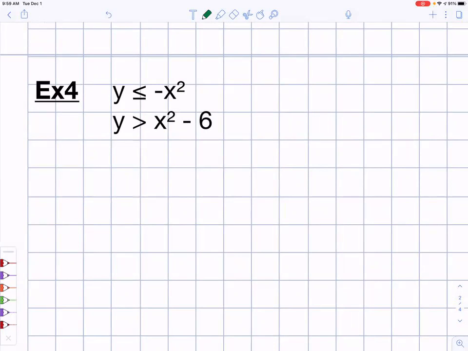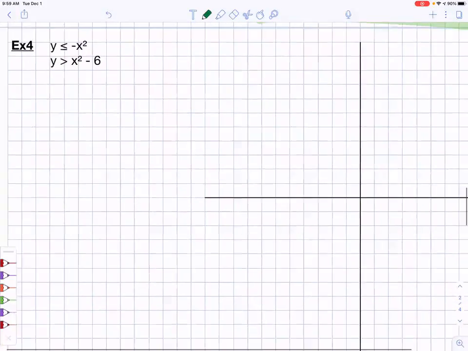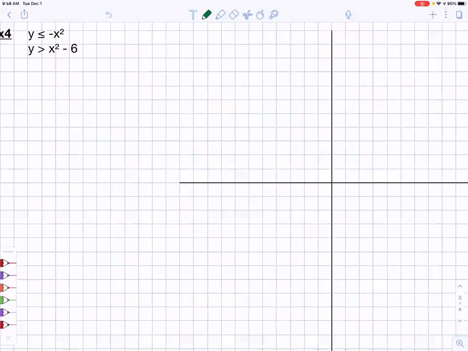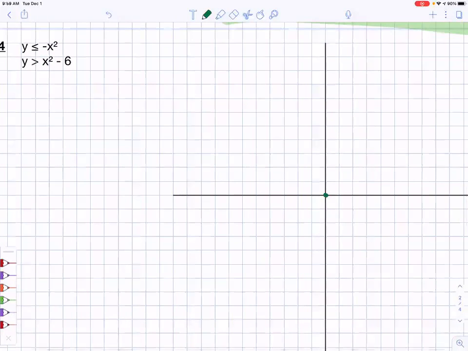All right, so what does the first one look like? An upside down parabola. Where is my vertex? 0, 0. And from 0, 0, tell me where to go. How do I get my other coordinates?